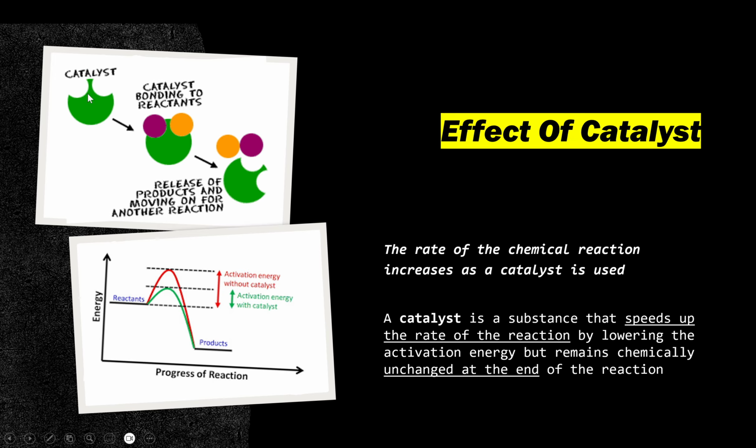This happens because the catalyst has active sites that the reactants bind to, and they leave again after they react. You note that the catalyst remains unchanged by the end of the reaction. And this is how we define a catalyst: a substance that increases the rate of reaction by lowering activation energy, and it remains unchanged at the end of the reaction.